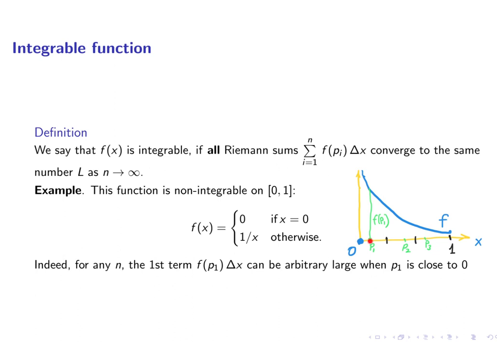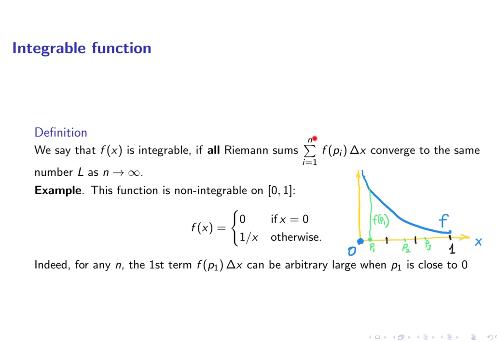In particular, we can choose the first sample point to be as close to 0 as we like. And this way we can make the corresponding sample y value, the first sample y value, as large as we like. This way we can make the average y value of the sample points as large as we like.